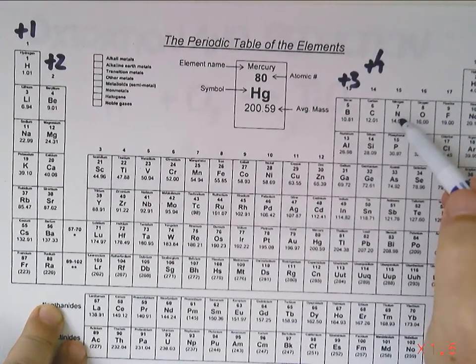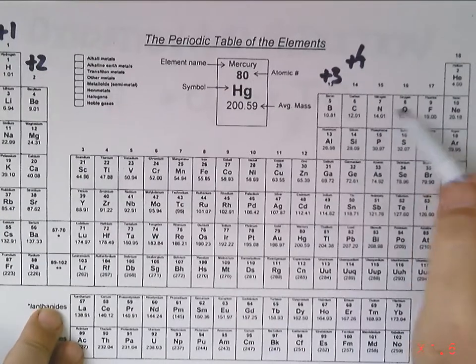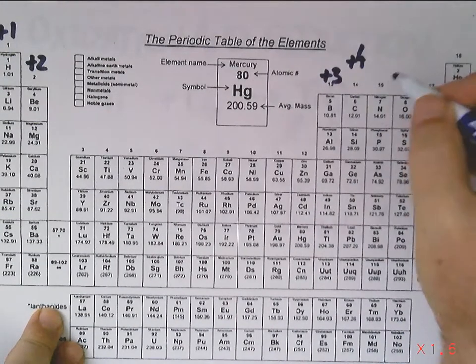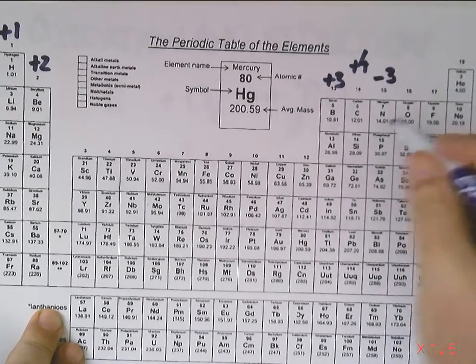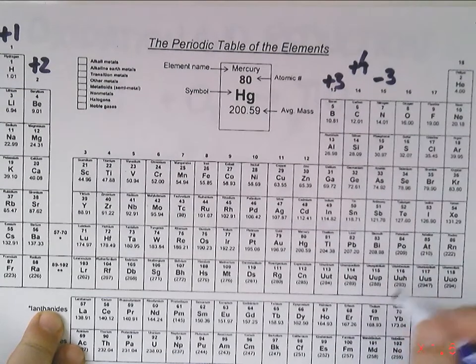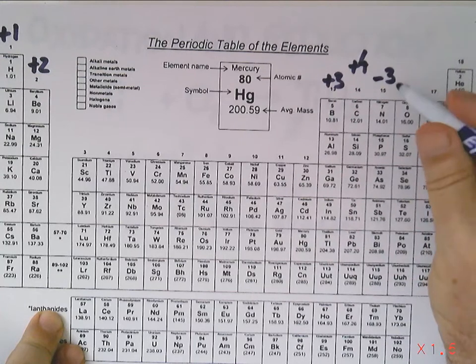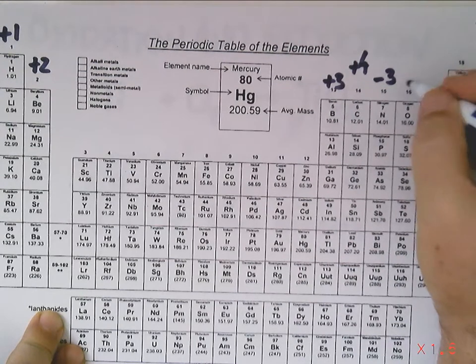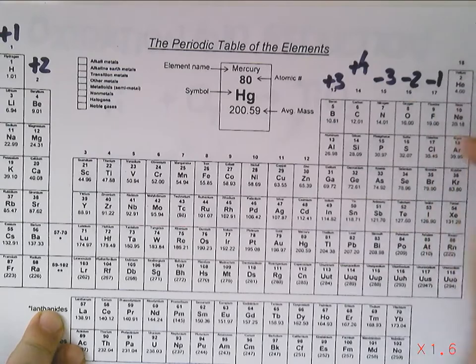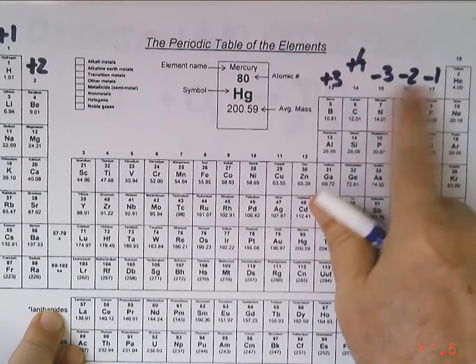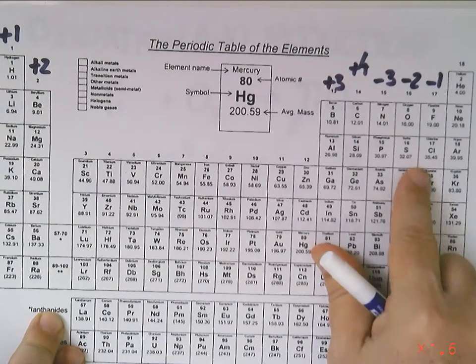Now, when you get to the nitrogen column, it's easier for them to gain electrons. So the nitrogen can gain 3 electrons. So all the nonmetals in this column tend to form -3, -2, -1. So negative charges are for the nonmetals in these columns.